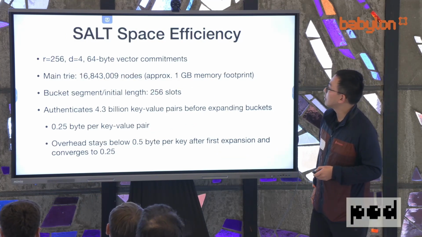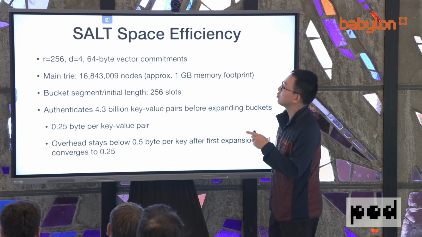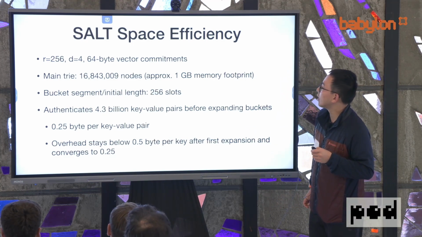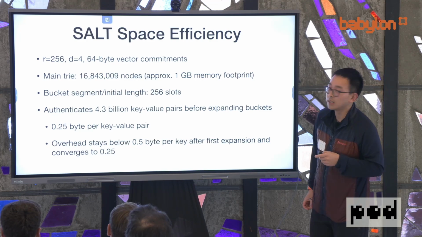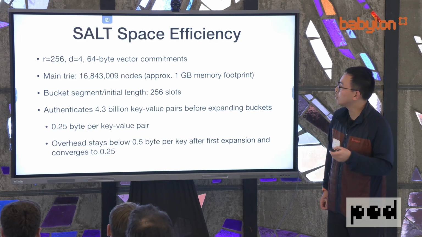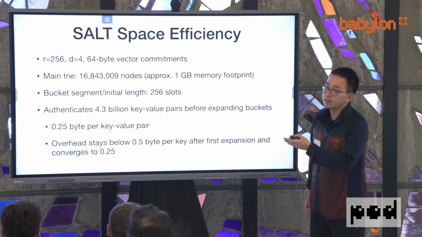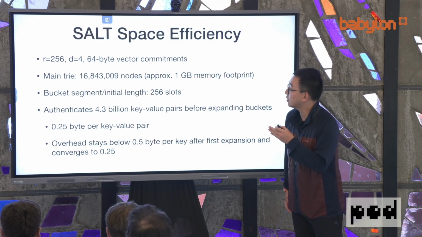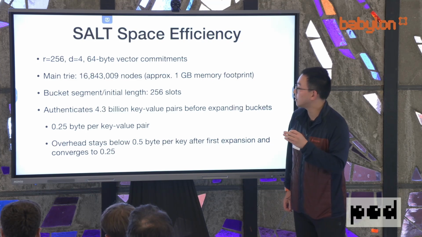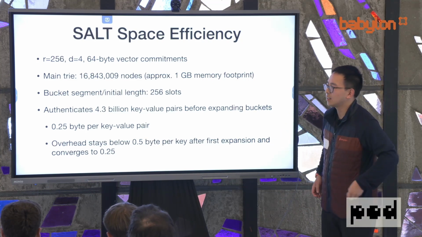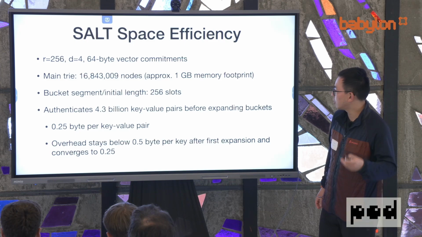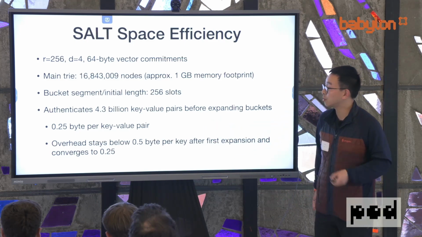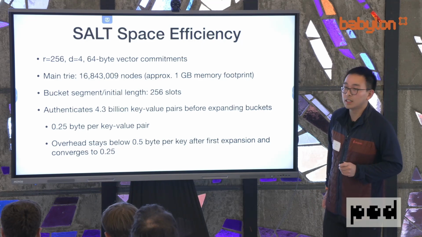OK, so some analysis. We use R equal to 256, D equal to 4, and 64-byte vector commitments. And the main trie is about 16 million nodes, and that's about 1 gigabyte of memory footprint. And each bucket initially was also set at 256 slots. So all in all, it authenticates to about 4.3 billion key value pairs, which is about 3 times the size of a current day Ethereum blockchain, and that translates to about 0.25 byte per key value pair authenticated.